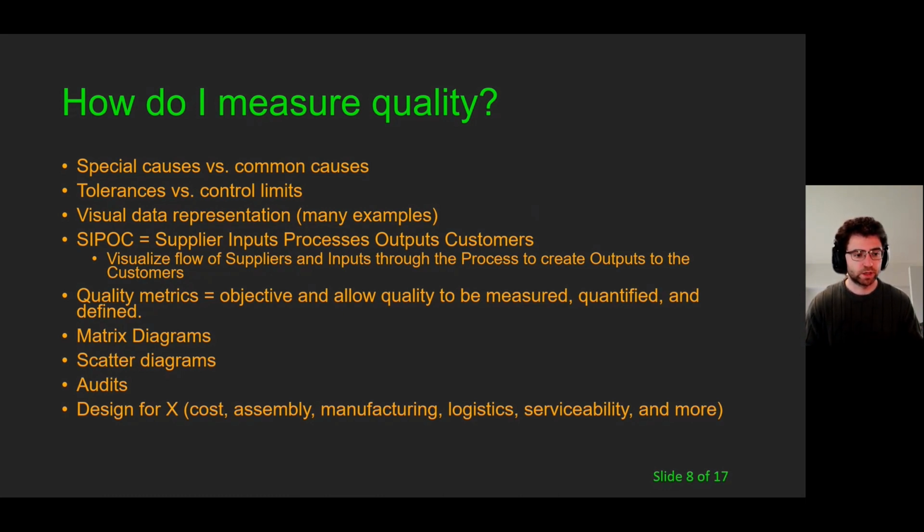So that's why one way we can visualize this type of quality data is through matrix diagrams, scatter diagrams. Another way you can measure quality is through audits, which would be an external vendor coming in. Another way, right, when again we talk about quality as design for X, if we look at Toyota as an example, they're designed for X priorities.